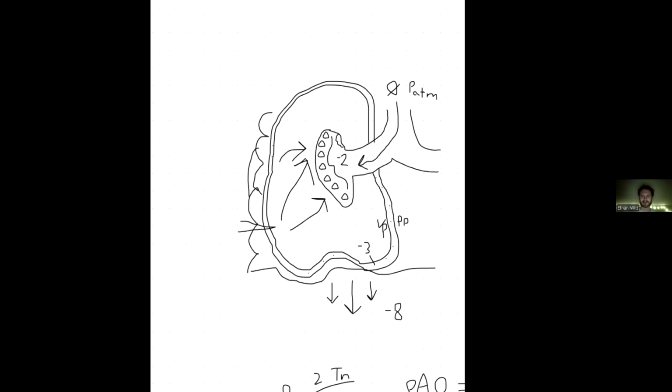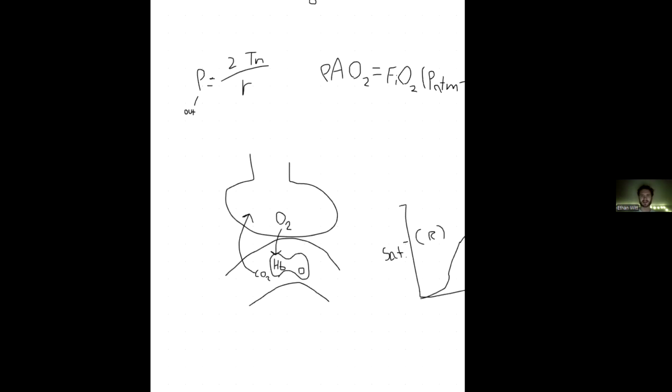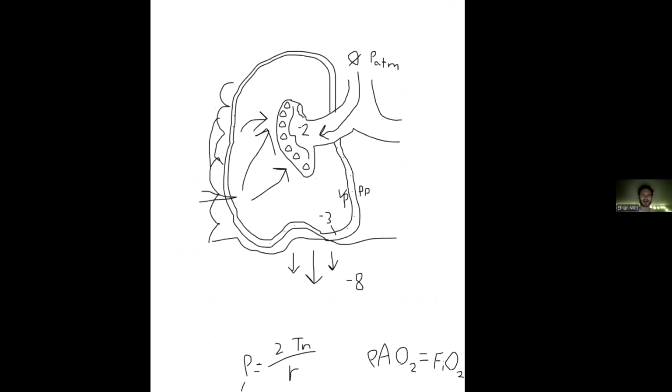So next, what I'm going to do is talk a little bit about this substance called surfactant that is excreted by this little machine on the inside of your alveolus, which is called pneumocyte T2.